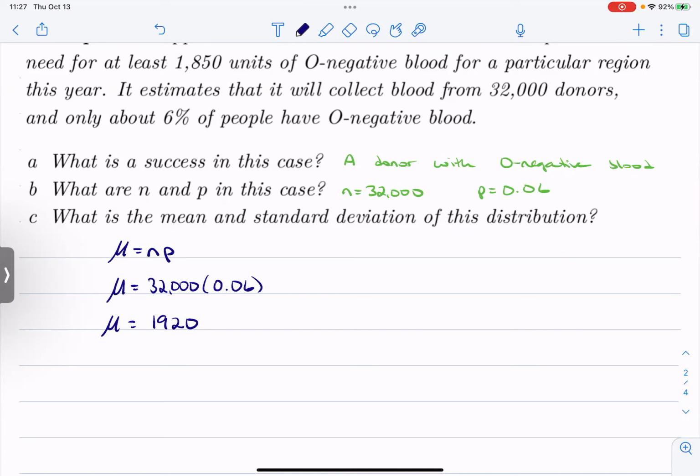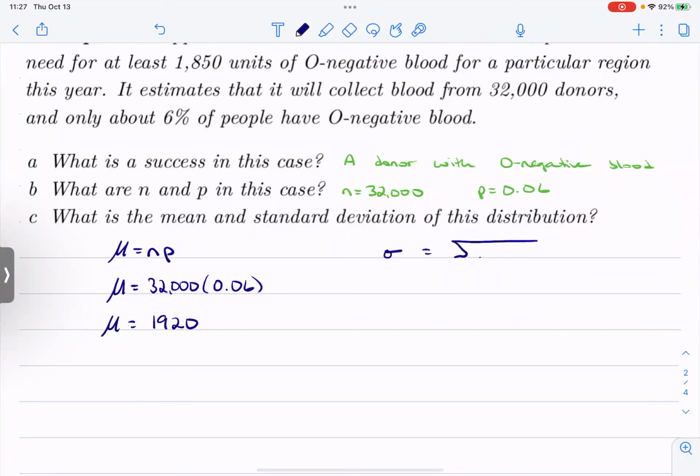I'll confirm, but if memory serves me, 1,920. The next one, I'm trying to remember, it's a decimal, 42.48 something.